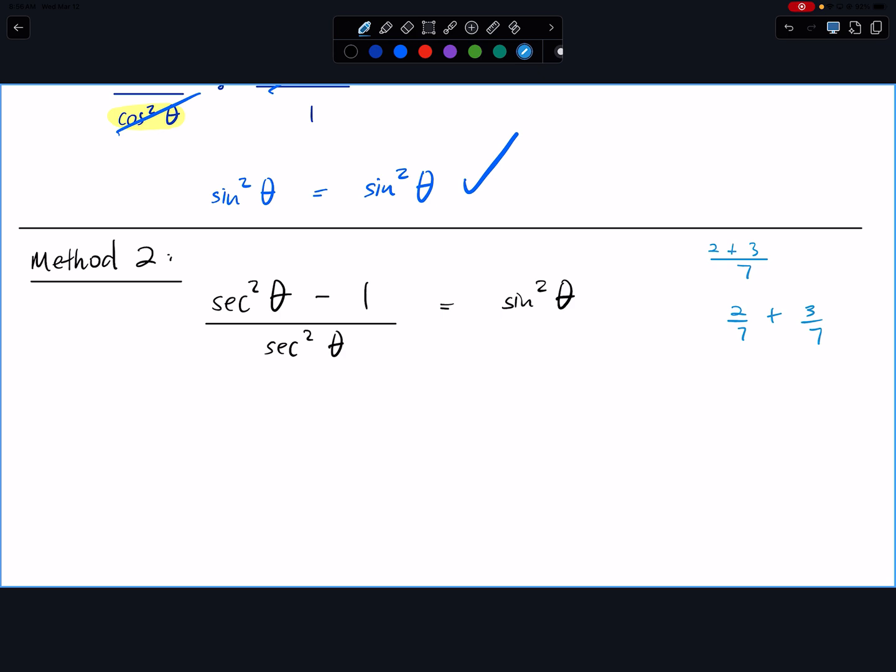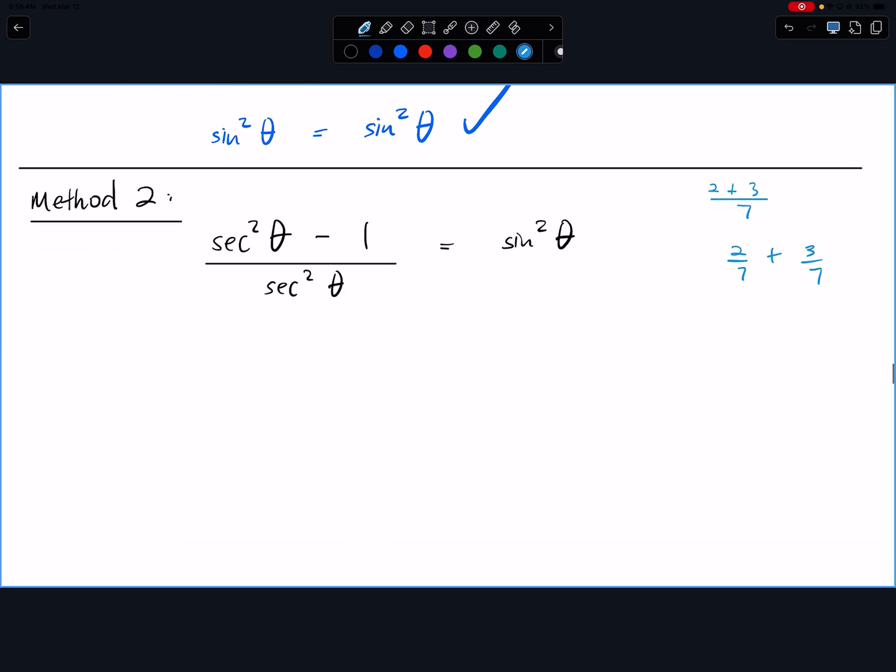So right now I have one fraction, right? I'm going to break this up into 2 fractions. So I want you guys to see what happens. This is just for your notes. You wouldn't do this on a test. You wouldn't write that phrase. I'm just showing you guys for your notes.